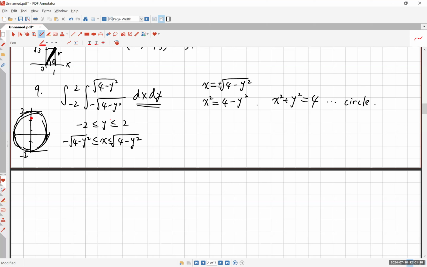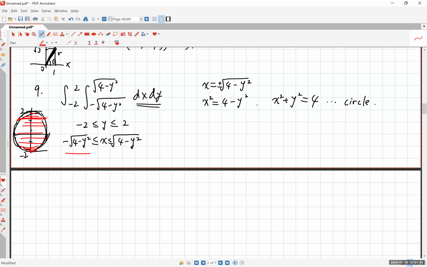For that particular y, x goes from negative square root of 4 minus that y squared, that's this point, and the other endpoint is the square root of 4 minus whatever that y value is squared. So it's here. So that's the length we are talking about. And you do this for every y between -2 and +2, right?